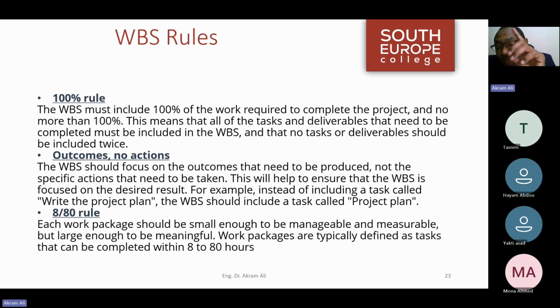So if a task that can be finished in one day and needs more than 10 people to finish it, I should consider to break it down into two packages. Why? Because estimation and risk, I can perform better risk and better estimation for smaller items.